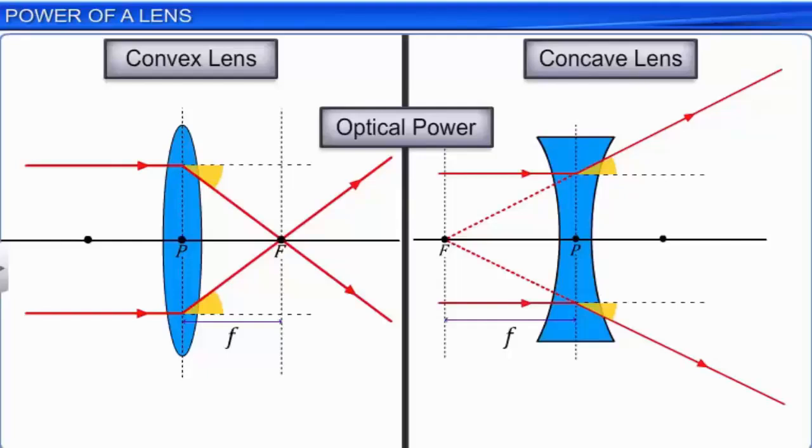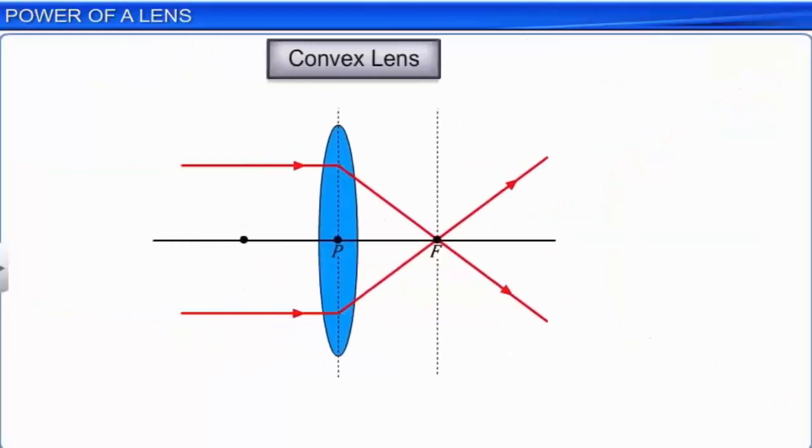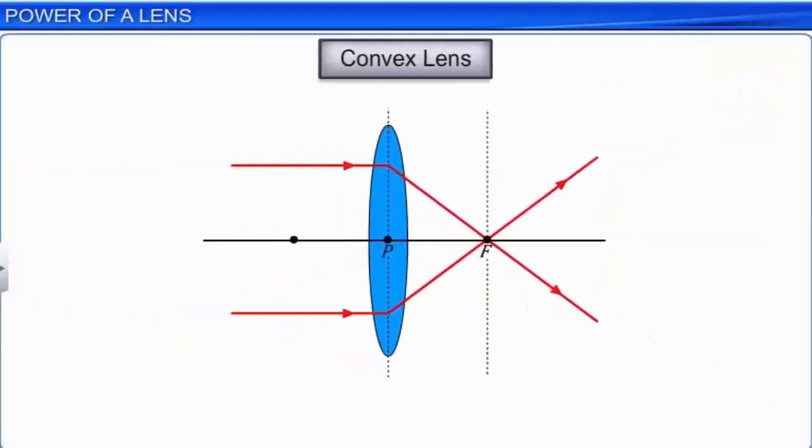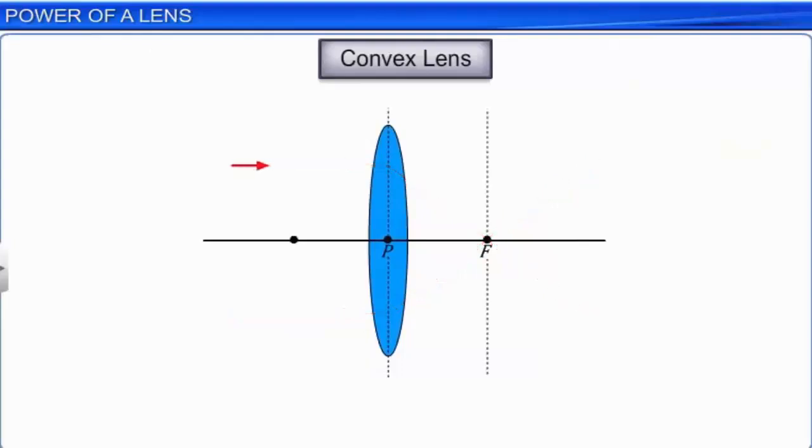You know that a light ray, when incident parallel to the principal axis, after refraction by a convex lens, passes through its principal focus. If the ray is incident at a height h from the pole, and the deviation of the light ray or the angle through which the light ray converges is d, then tan d is equal to h by f.